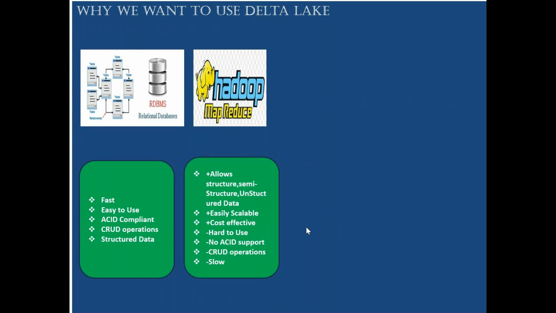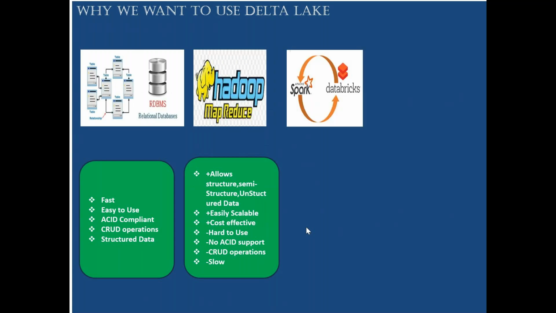You can put in more compute to process huge data, and it is cost effective compared to databases. Hadoop storage costs less. But the problem with Hadoop is it is hard to use, because if your data is somewhere, you first have to get it into HDFS. No ACID support, no CRUD operations, and it is slow compared to our databases.